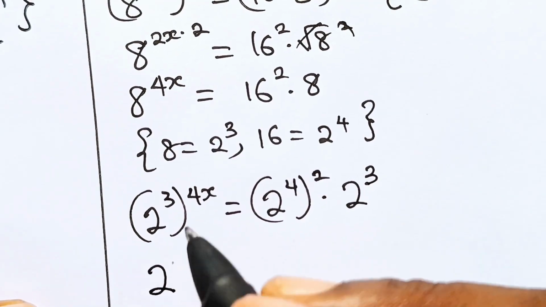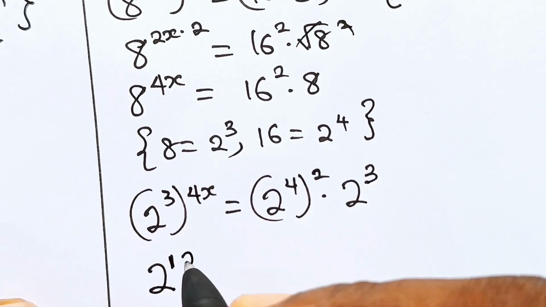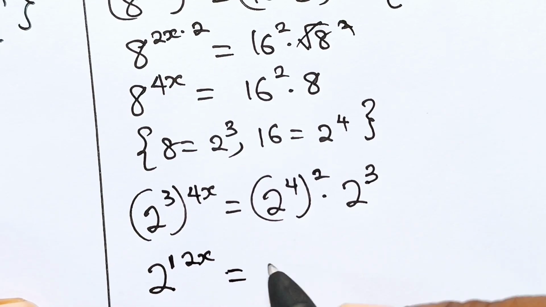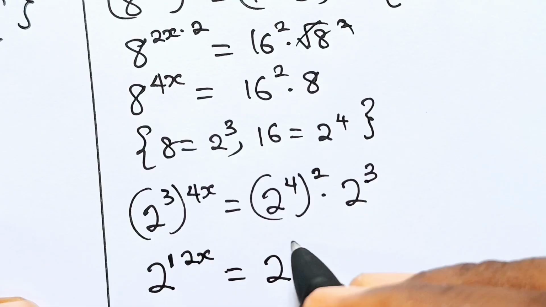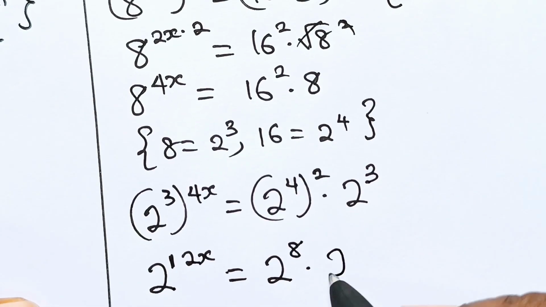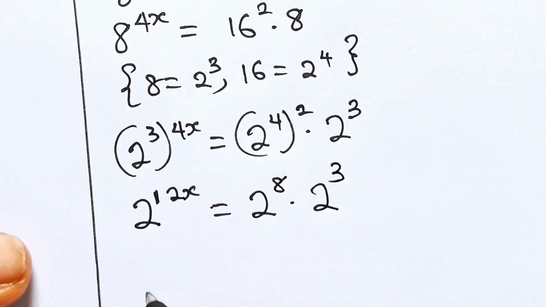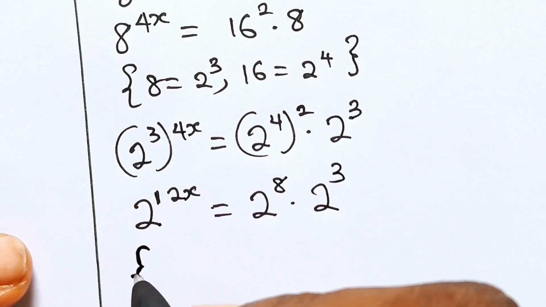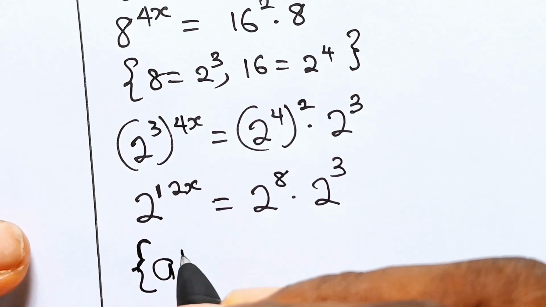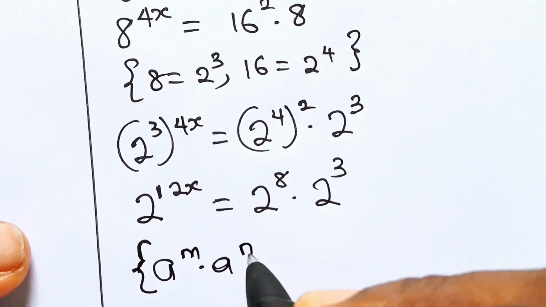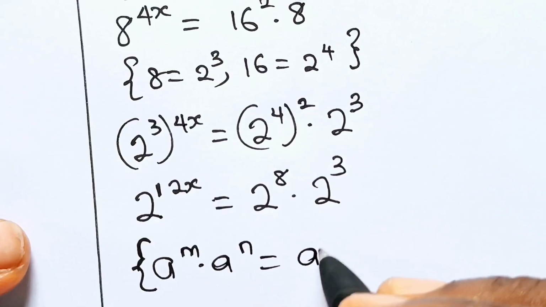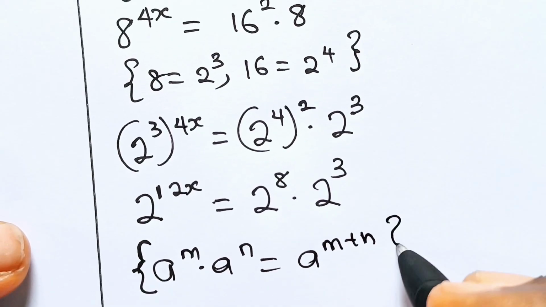So we have 2 to the power of 3 times 4x is 12x is equal to 2 to the power of 4 times 2 is 8 multiplied by 2 to the power of 3. Remember that a to the power of m multiplied by a to the power of n is equal to a to the power of m plus n.